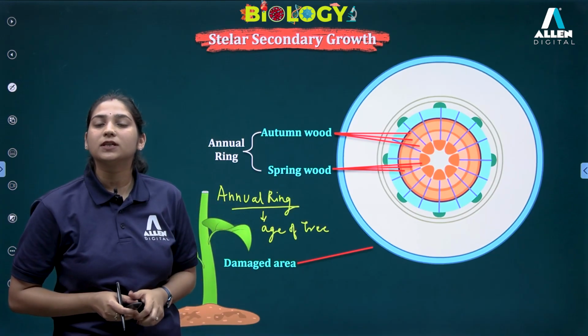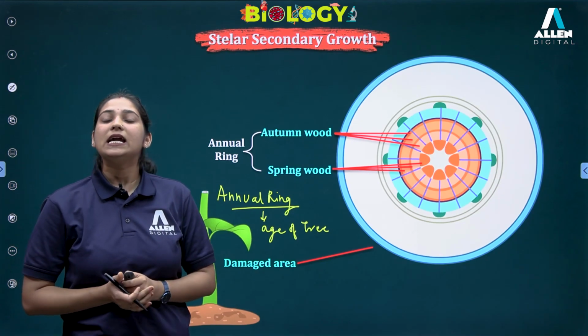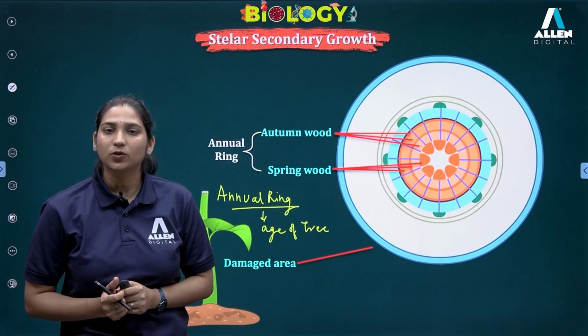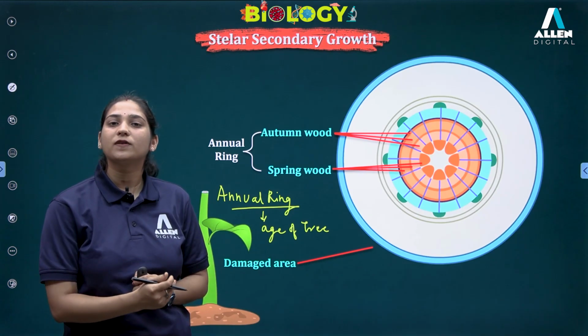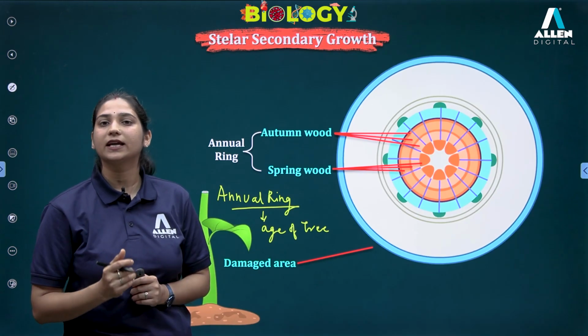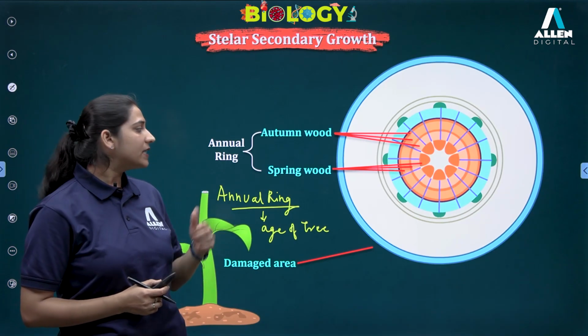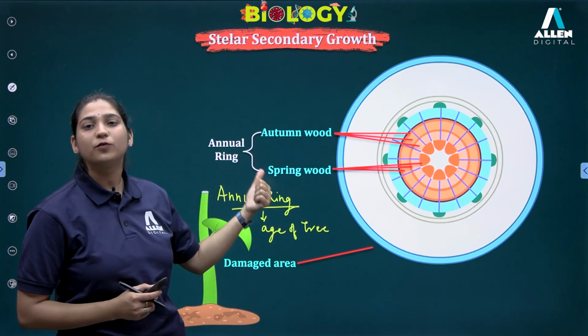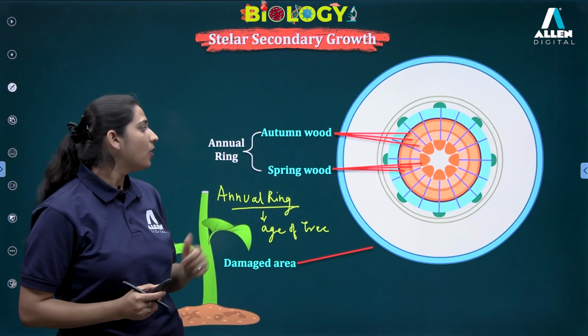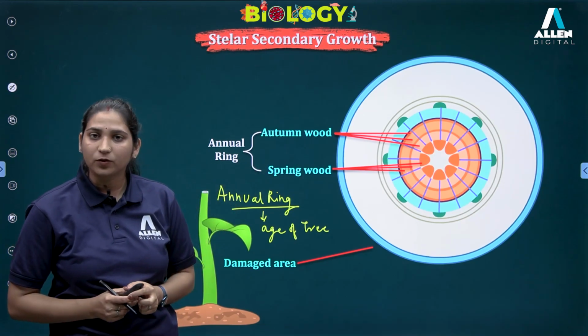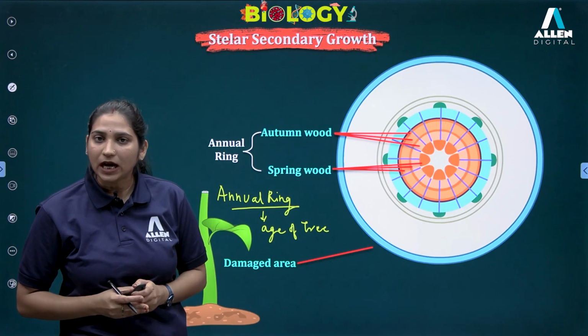So what we observed in this video is that in stem, when secondary growth occurs, there is a formation of secondary tissues like secondary xylem and secondary phloem. Also, secondary xylem is the wood that is of two types, autumn wood and spring wood. Why are the woods of two types?